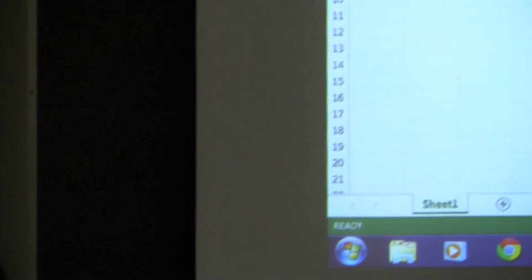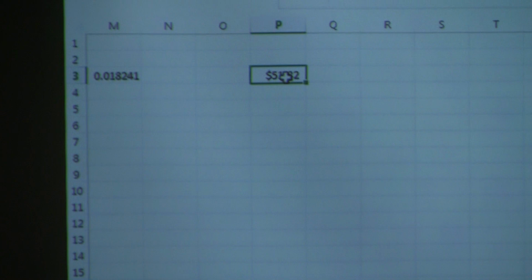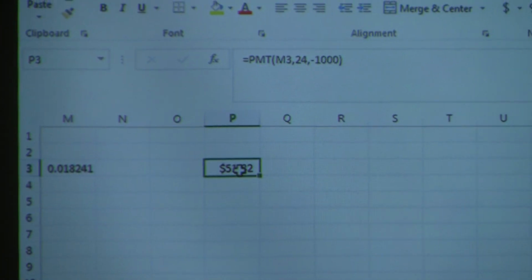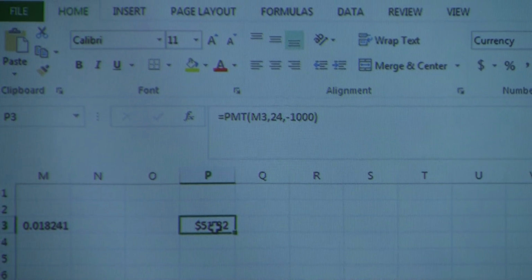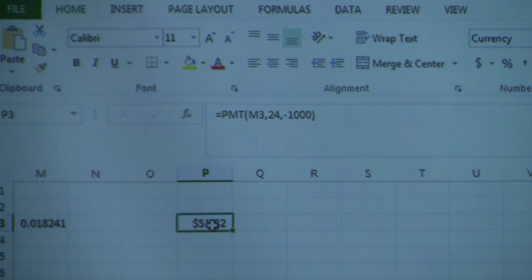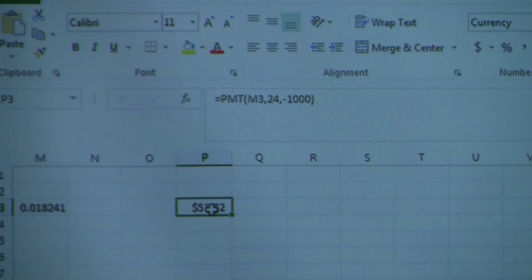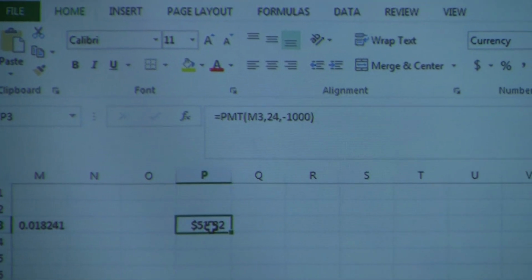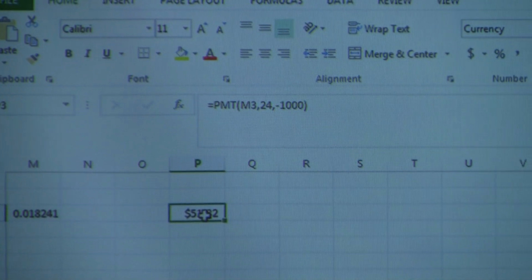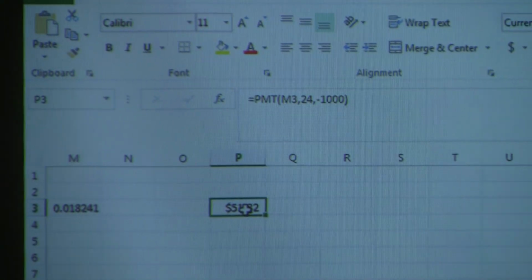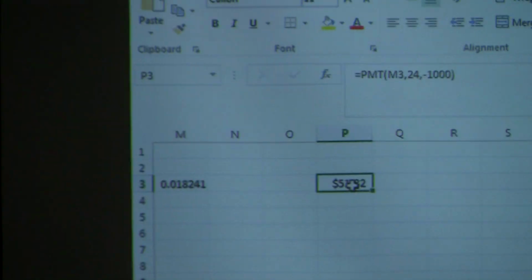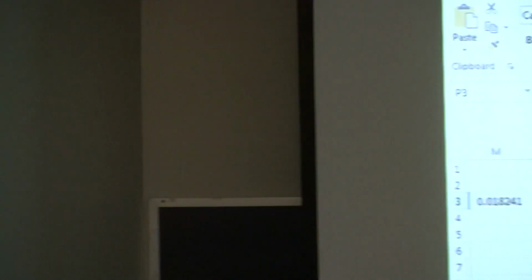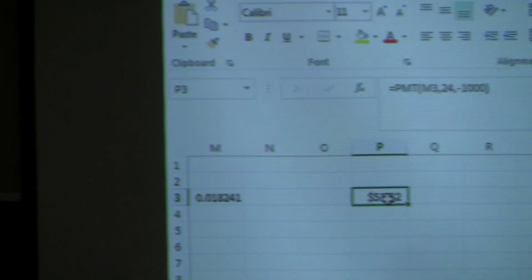Absolutely. This is using the PMT function. You can also use the geometric series formula that Cookie gave you. I think this might be better for them. Yes. So the simplistic way to explain it is, if I can give you $100 now, I can give you $10 a day for the next 10 days.